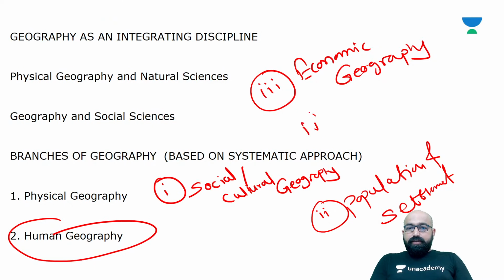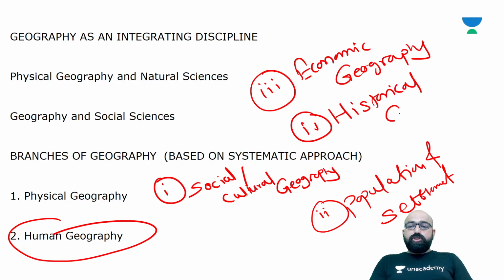Then part of human geography is historical geography, which studies the historical processes through which the space gets organized.